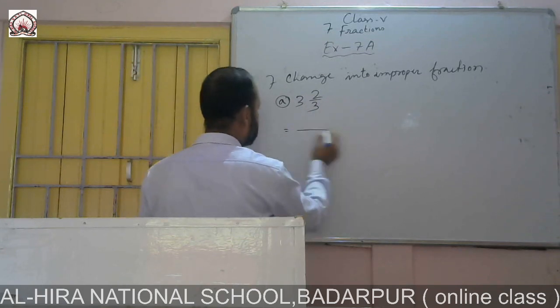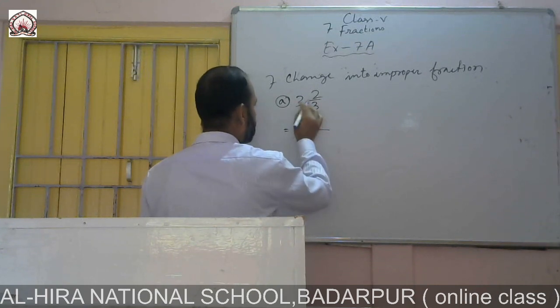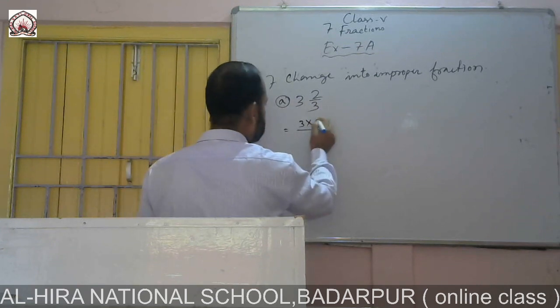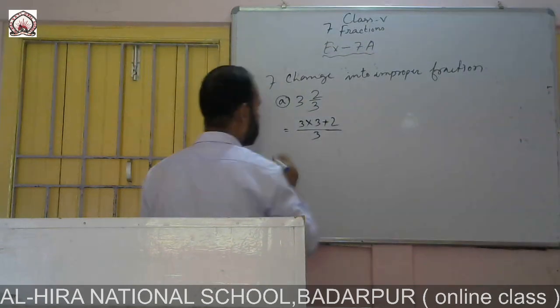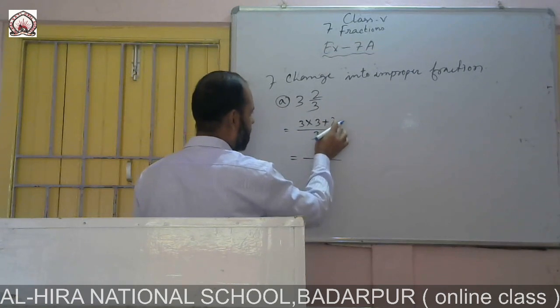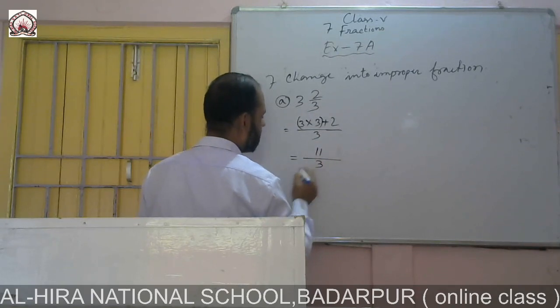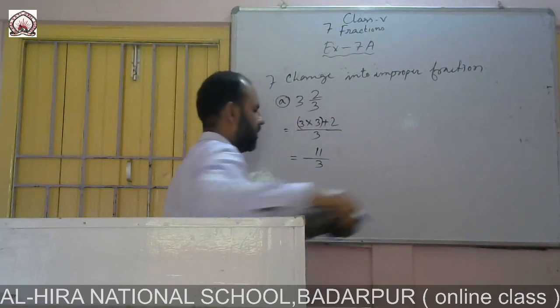We write 3, we know this one, 3 into 3 plus 2 by 3. So 3 3s are 9, 9 plus 2 is 11, 11 by 3. The improper fraction is 11 by 3.